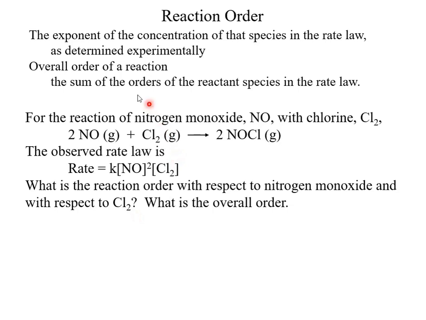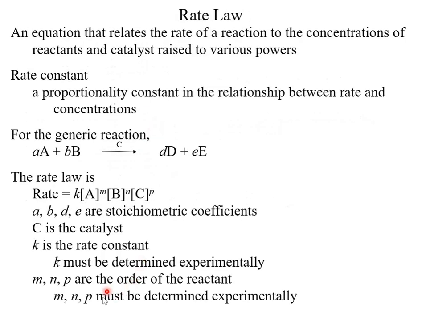Now, that m, n, and p that we had in the previous slide, and we skip o because o looks like 0, so we go m, n, and p. Different textbooks assign different variables for this. Some will say x, y, z. Most will not say a, b, c because of the generic equations a, b, c. The textbook we're using goes to the middle of the alphabet with m, n, and p.